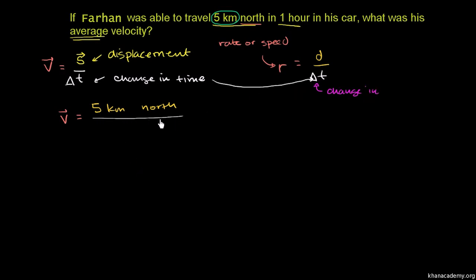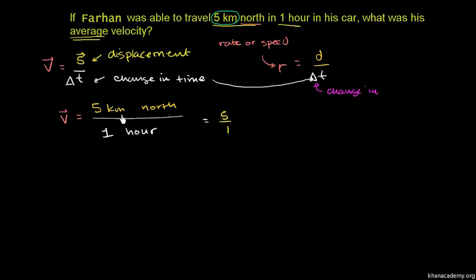So it goes 5 kilometers north, and it took him 1 hour. So the change in time was 1 hour. So over 1 hour, this is equal to, if you just look at the numerical part of it, 5/1 kilometers.